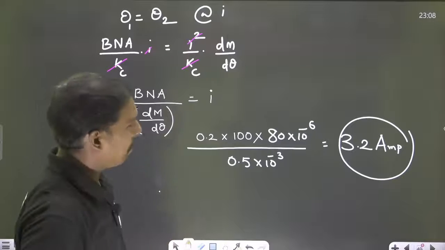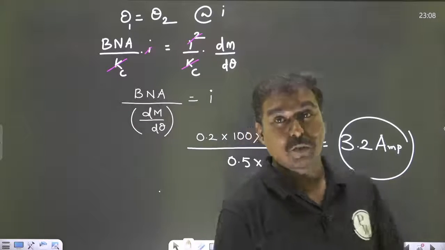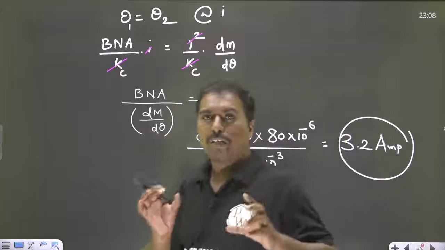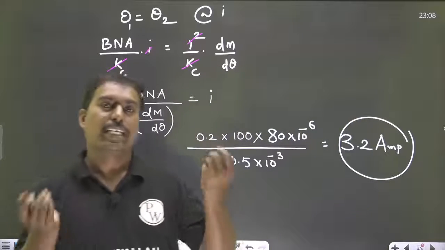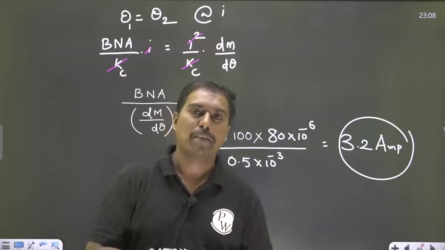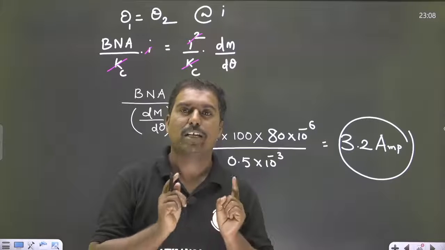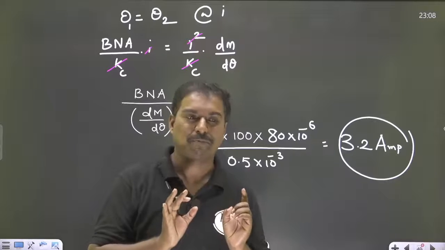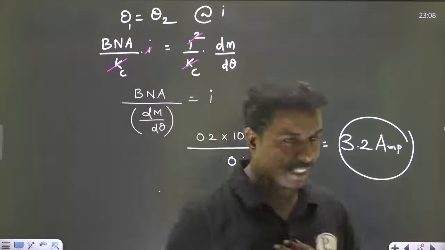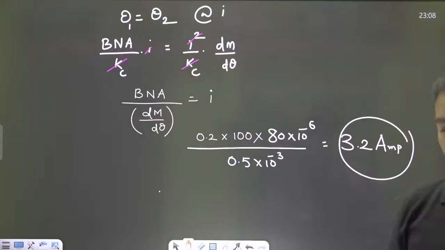Yes, 3.2 amperes, very good question. That means both are expected to give the same deflection at a current of 3.2 amperes, provided their spring constants are equal. Got it? Are you clear?